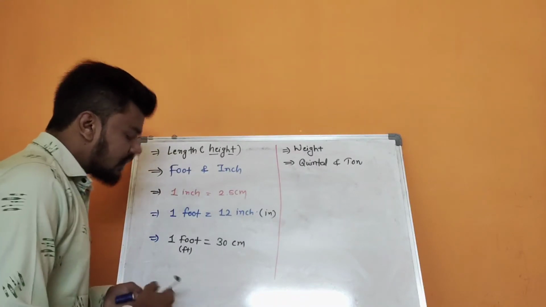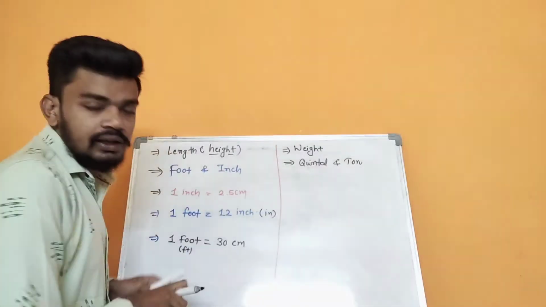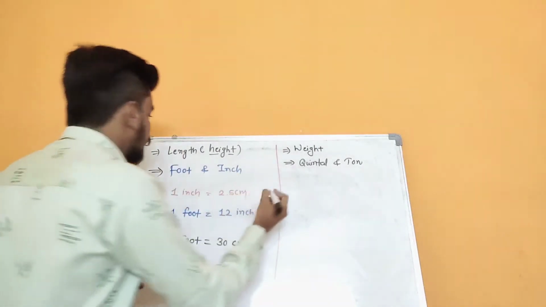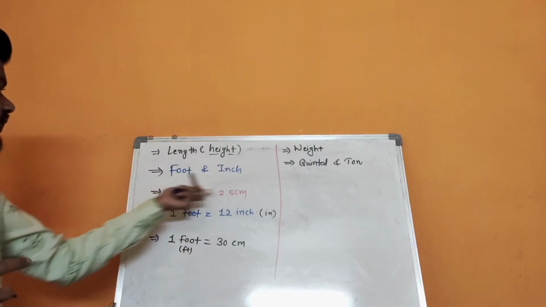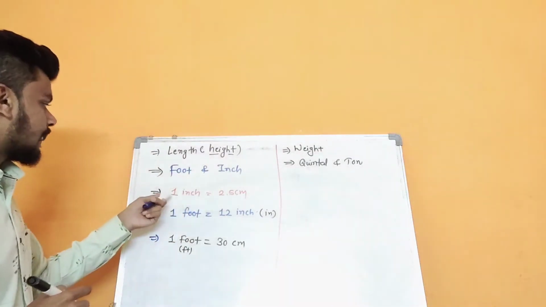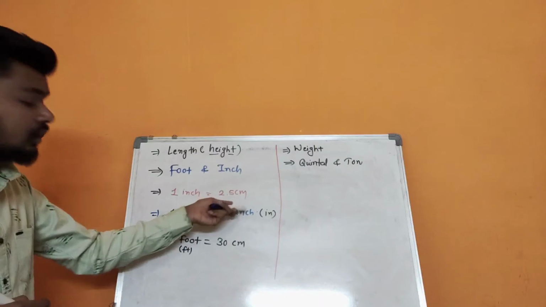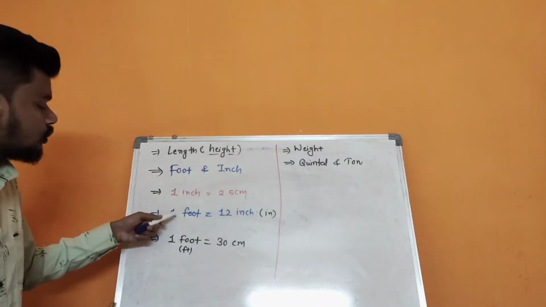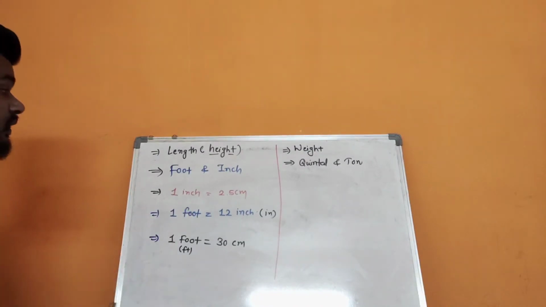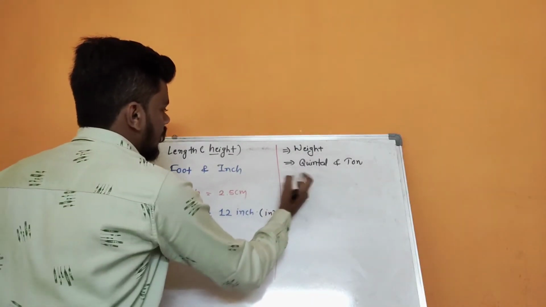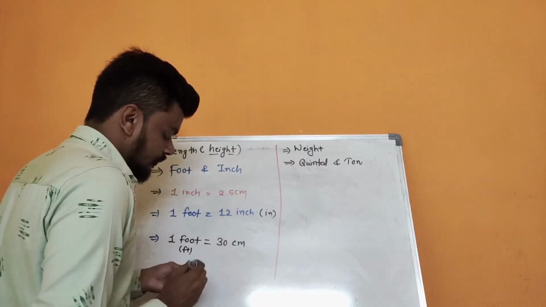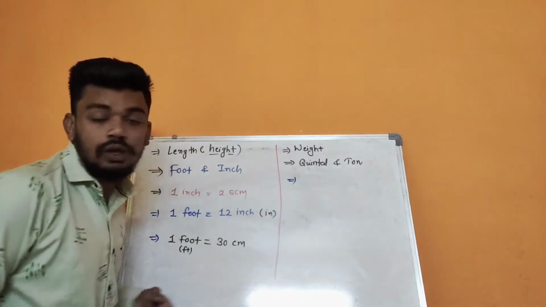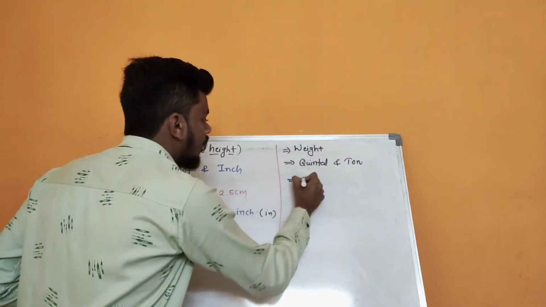I will give you the example after a while. Okay, first let's see the relation between the quintal and ton. Over here we saw the smallest relation first. Inch is smaller, foot is bigger, as you can see from these two. In this one the smallest one, the first one, is the quintal.